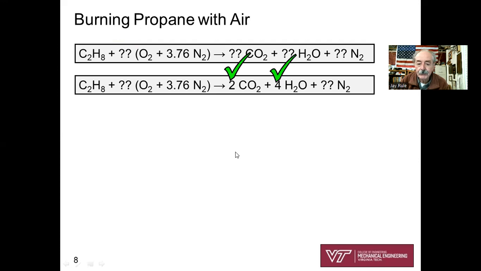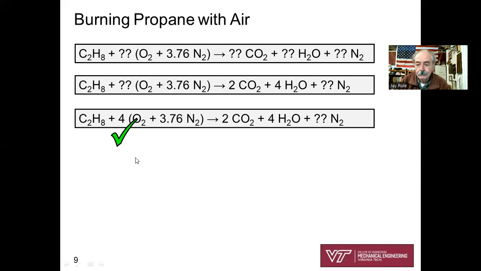My claim is that, if you study your same hydrocarbon fuel, you're going to get the same result over here on the right-hand side with your CO2 and your H2O. So really that 2 and 4 comes pretty quick from previous work. We still have to figure out what we fill in for the number for nitrogen in the products, and also this question mark out here too.